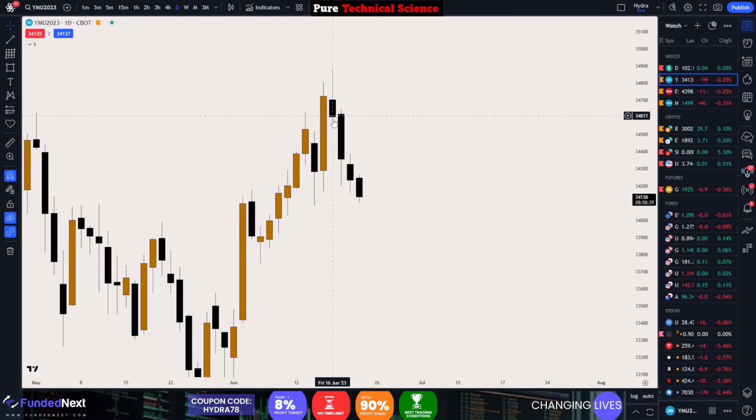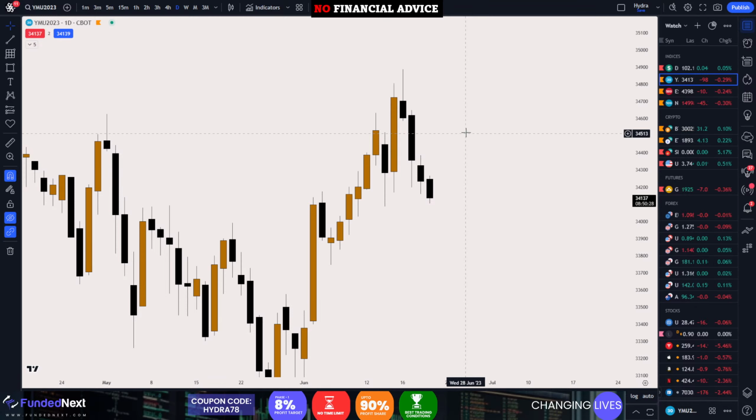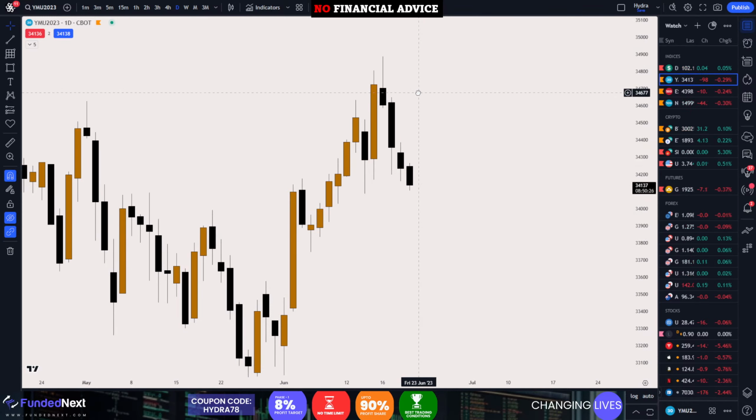Other than that, we have a fair value gap right here, and another small fair value gap that makes this small portion here a BPR, a balanced price range. As we know, price likes to retrace back to the BPR, and BPR works as a strong level of liquidity for price.